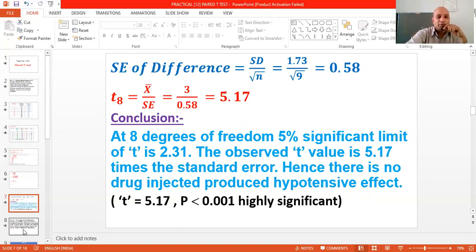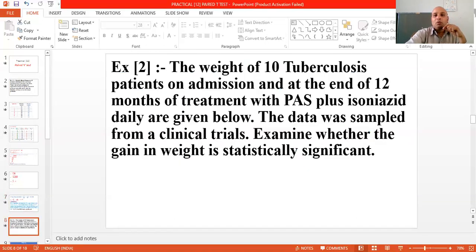Then the next example. The weights of 10 tuberculosis patients on admission and at the end of 12 months of treatment with PAS are given below. The data was sampled from a clinical trial.